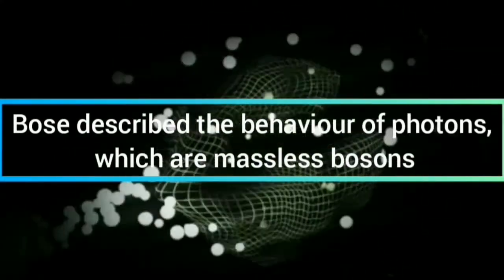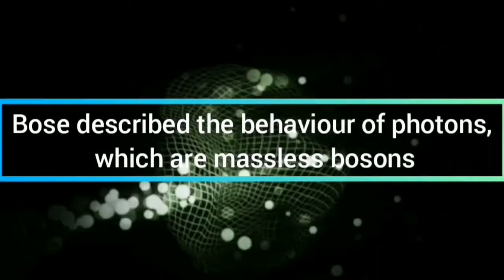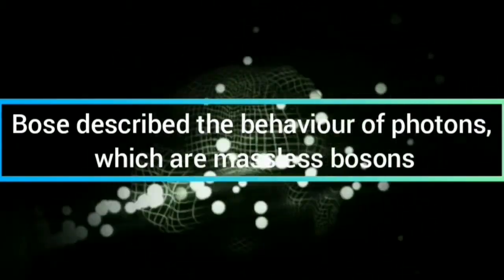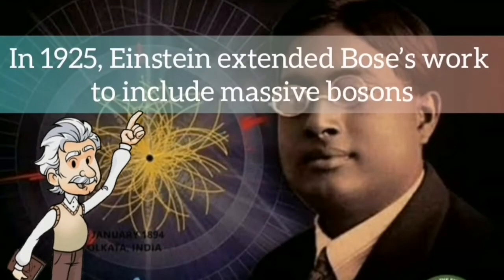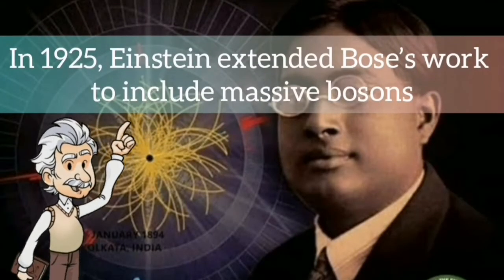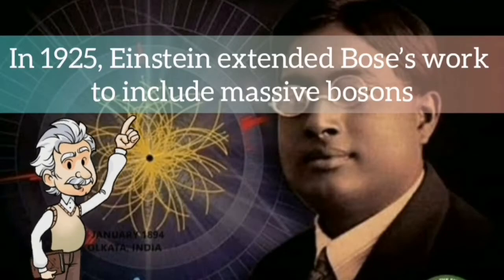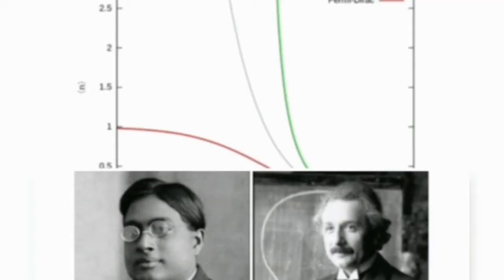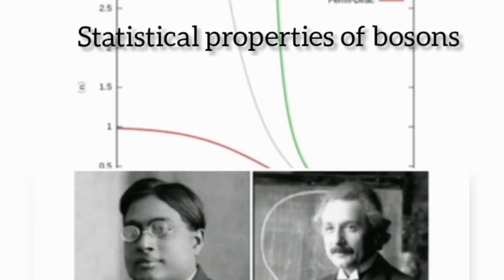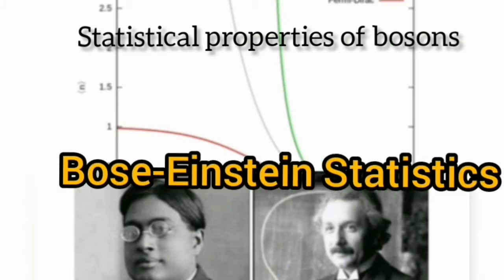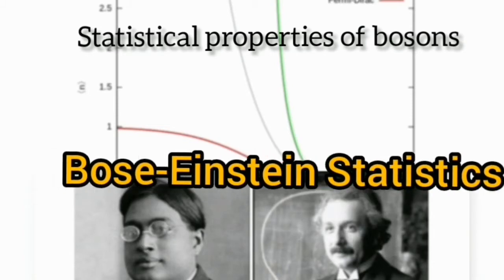Bose had only described the behavior of photons, which are massless bosons, in his paper. In 1925, Einstein extended Bose's work to include massive bosons in the theory as well, coming up with a broader framework of rules describing the statistical properties of bosons, called Bose-Einstein statistics.